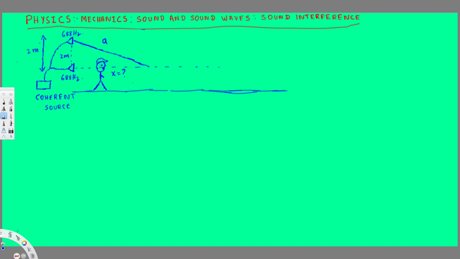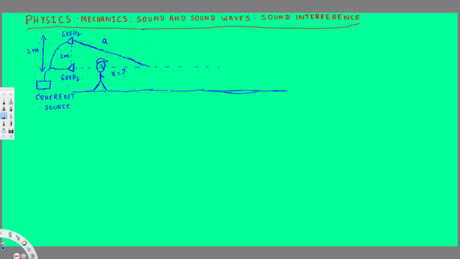The question here is, there's a person who works right here. This person is working, and we need to find where he will hear the sound from both of these oscillators, and where he will not hear any sound at all. And this is a coherent source.